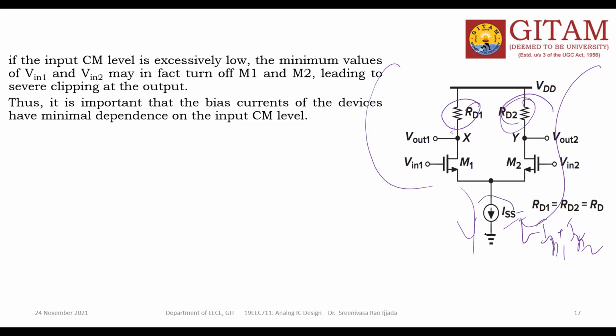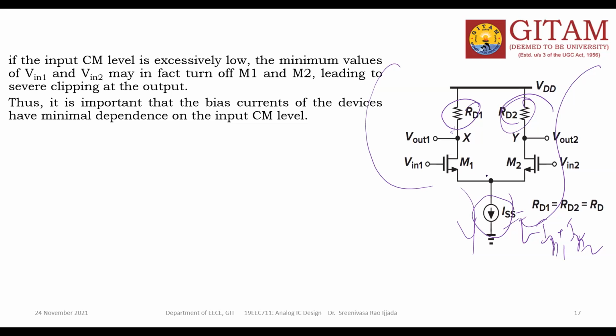Because of this, if you have a current source like this, what happens? The bias currents become independent because only a fixed amount of current is applied. So this is enough to turn on both the devices. It is not waiting on the common mode value. Earlier, on or off depended on the common mode value. But because you already kept a constant current source, that current source will always supply this amount of current and take care of the on and off.